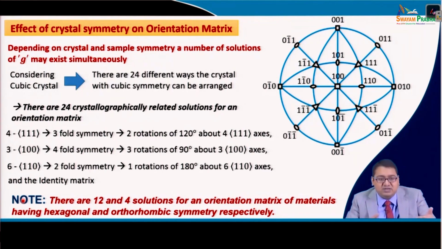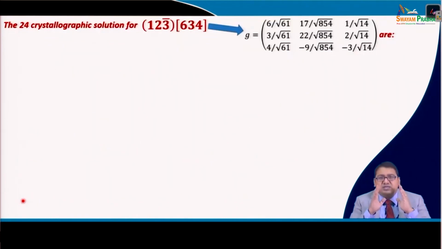Similar solutions can be obtained by a similar kind of explanation. So, let us go to this cubic crystal and see how, for the (1, 2, 3 bar)[6, 3, 4] kind of texture, 24 different crystallographic solutions can exist, right. So, let us go.